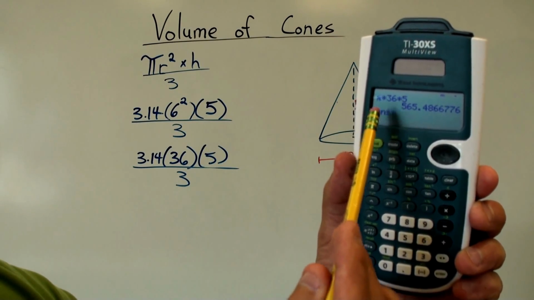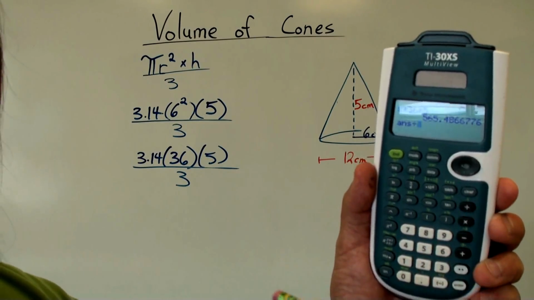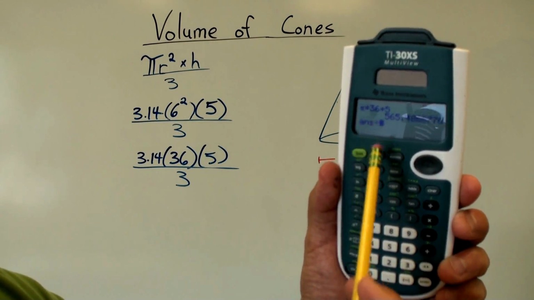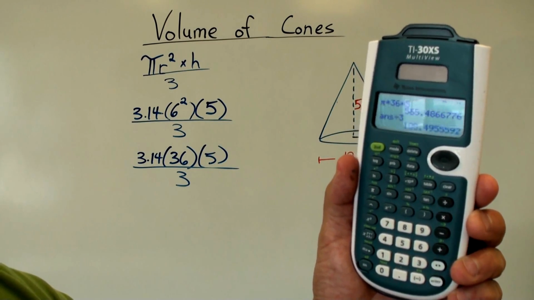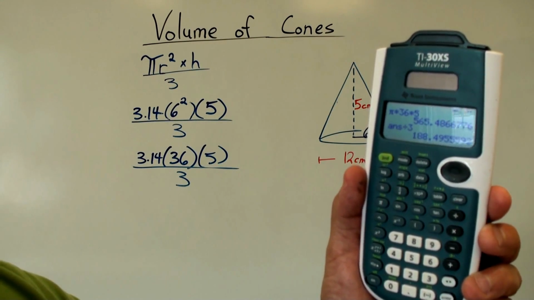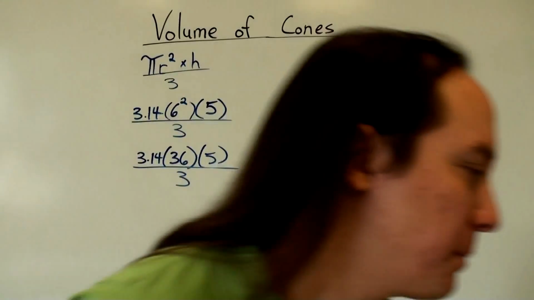It's taking that whole long decimal. If I use more decimals, the answer is going to be more precise, and that's why I want to do it that way. So answer divided by 3. And that gives us 188.49, basically 188.5. I'll just say 188.5. Okay, so you see how I did that, right?